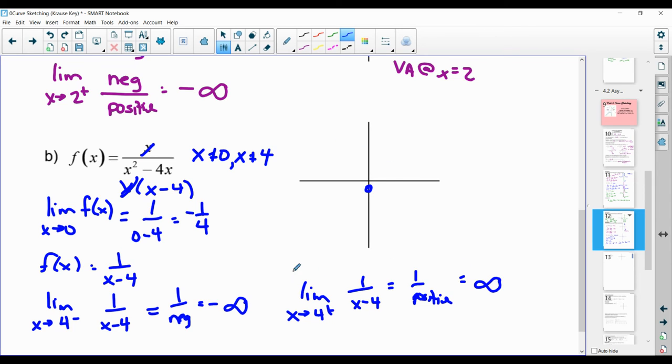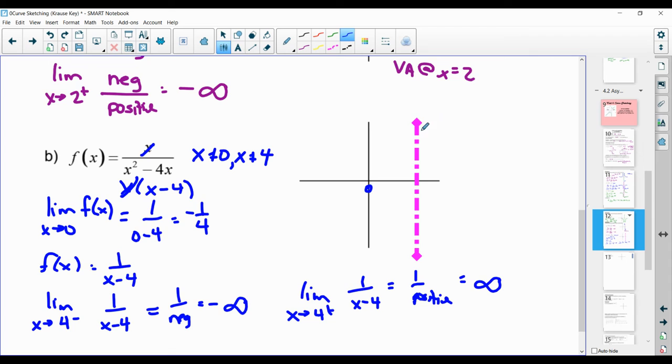All right, so we have an asymptote here happening at x equals 4. And so we'll draw our asymptote in. Got a graph at x equals 4. And as we're approaching 4 from the right-hand side, our graph is approaching infinity. And so our graph will be approaching infinity this way. Let's try that again.